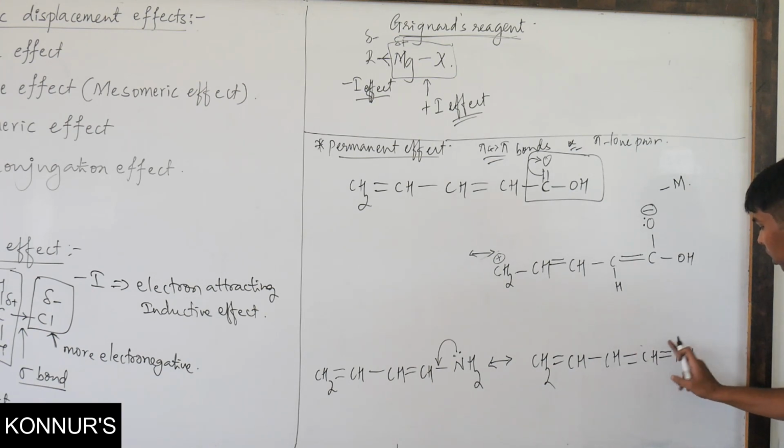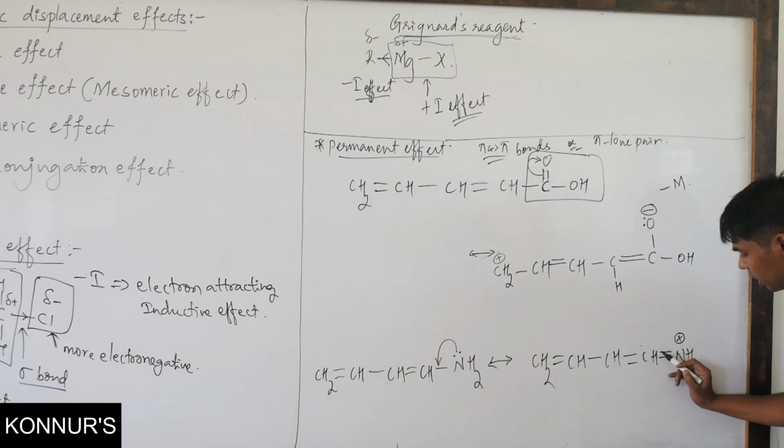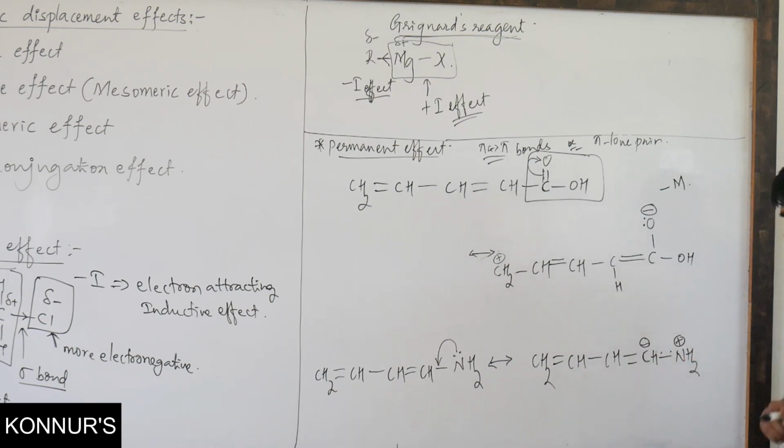Since nitrogen has given the electron, nitrogen has a positive charge, and the carbon has gained one extra electron from that nitrogen. So by taking one electron, carbon becomes negative, and by giving one electron, nitrogen becomes positive.